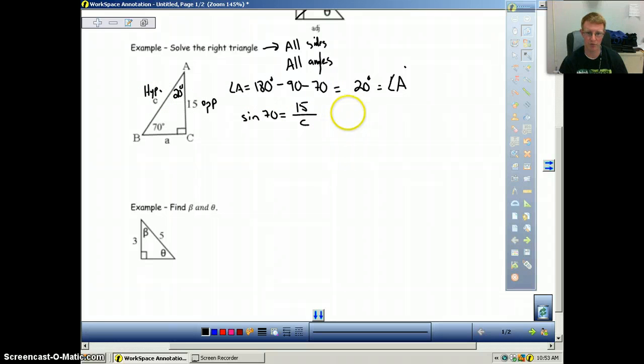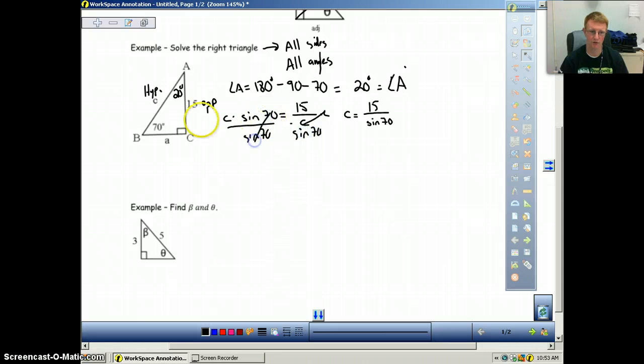So what C will end up being equal to, and I am skipping a step here, but basically we're going to multiply C to both sides, and we're going to divide by sine of 70 on both sides, and we're going to be left with 15 divided by the sine of 70. So again, all I did was multiply both sides by C, it canceled out, and then I divided both sides by sine of 70.